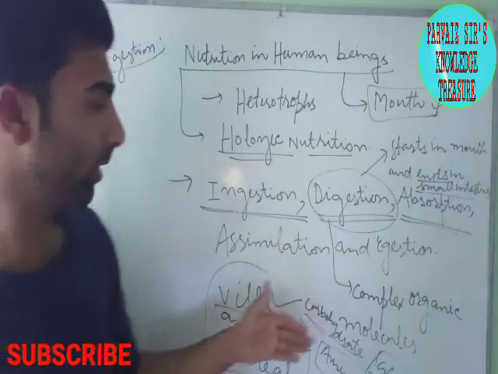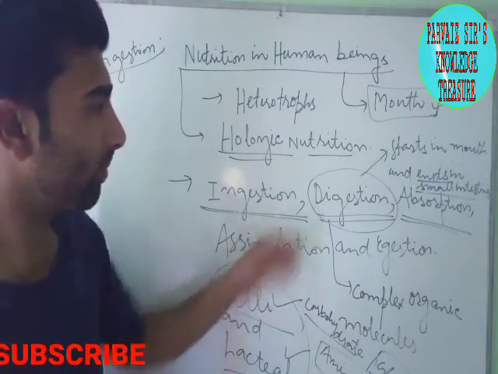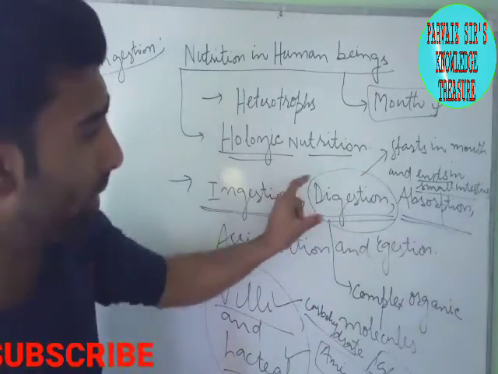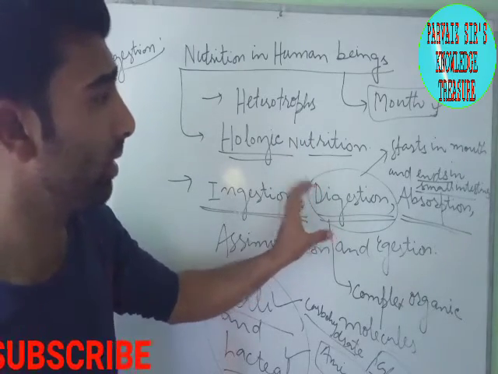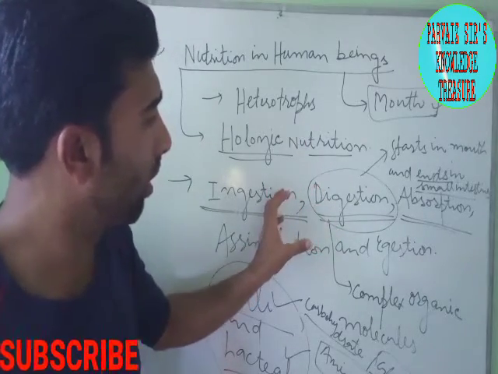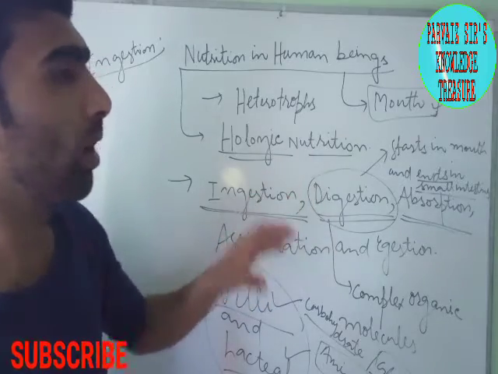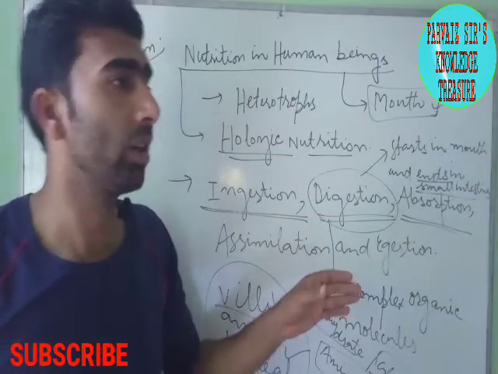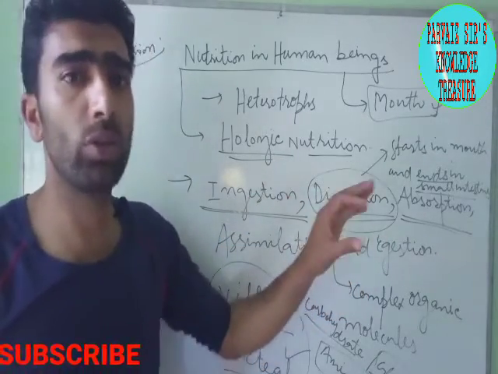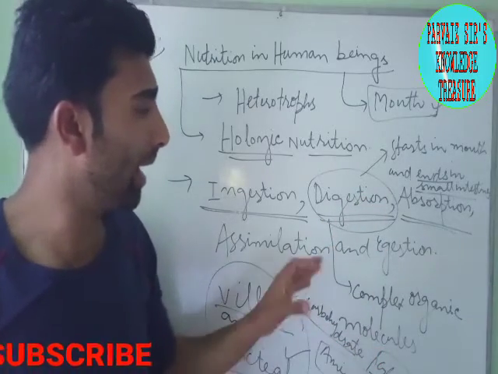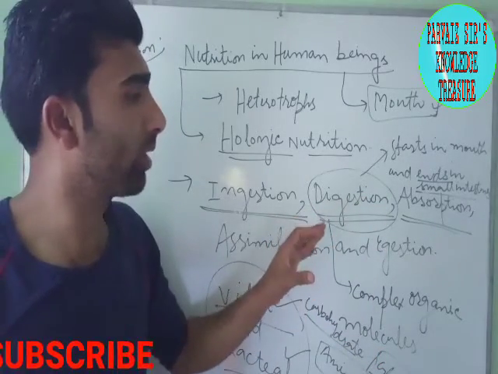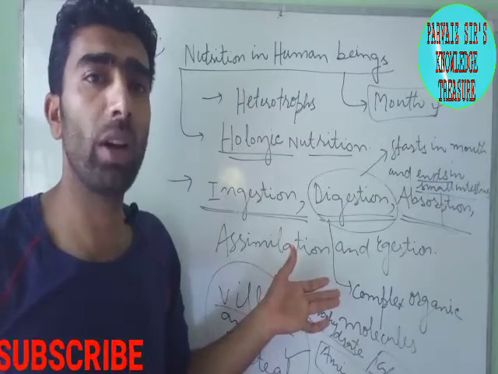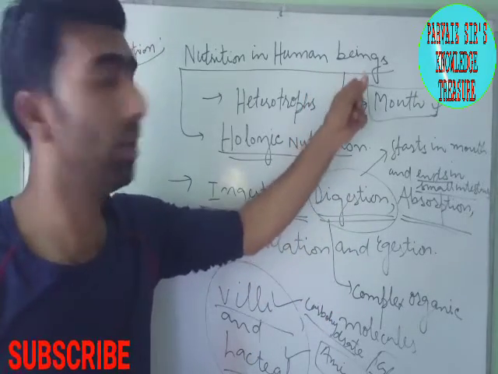I am going to repeat this once again. When digested food moves from small intestines through diffusion or active process into the bloodstream, that process is called absorption in case of human beings.